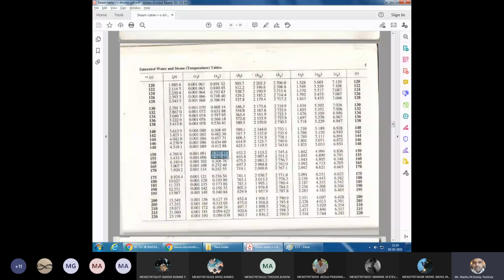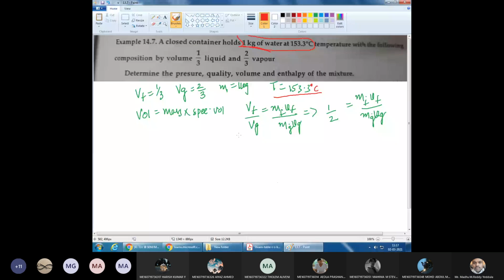First write the values for fluid, Vf for 150, Vf value, Vg value. Then for 155, Vf value, Vg value.